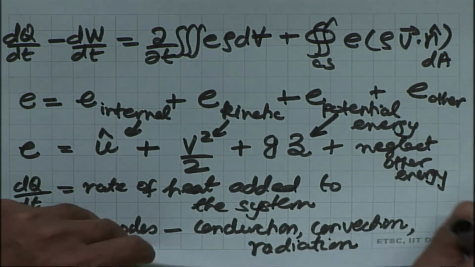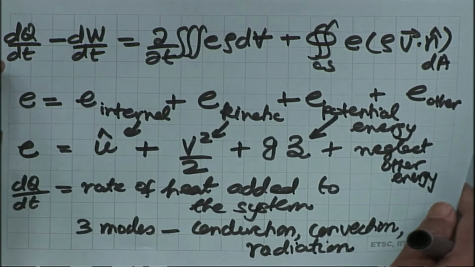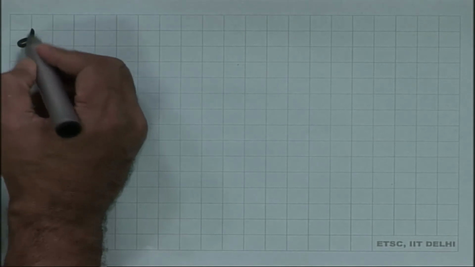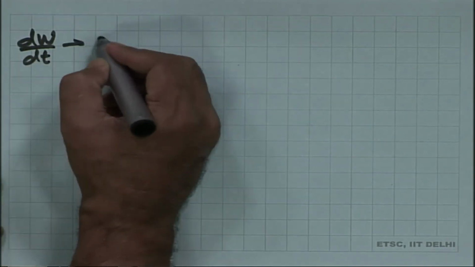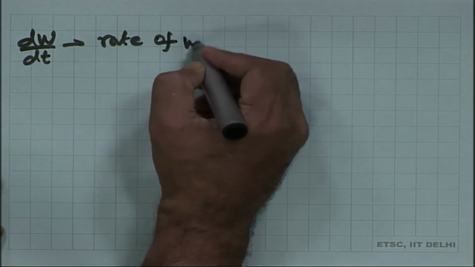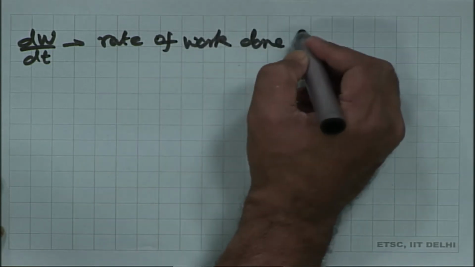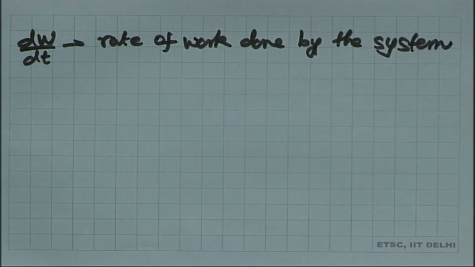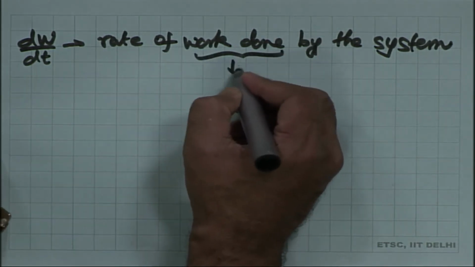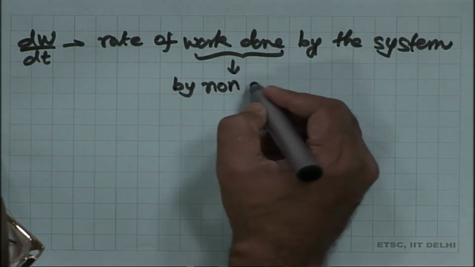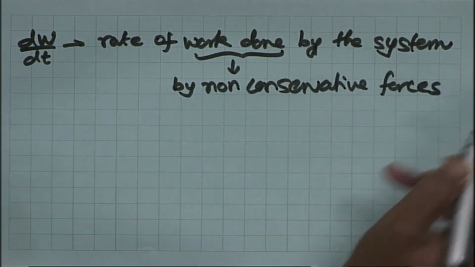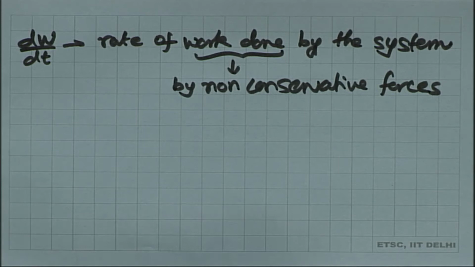And dW by dt, the other term. So, we have looked at E, we have looked at dQ by dt. Now, let us focus on dW by dt. dW by dt is the rate of work done by the system. Now, work is done by forces. So, here this is the rate of work done by non-conservative forces which are present on the system and which are doing work.